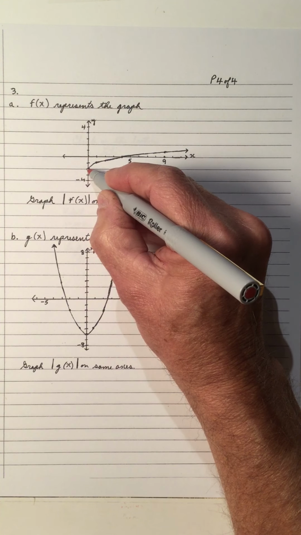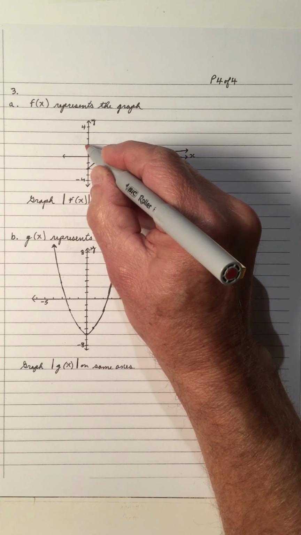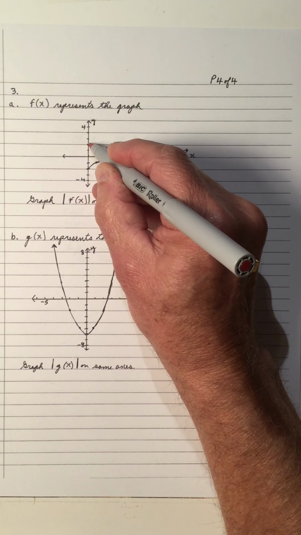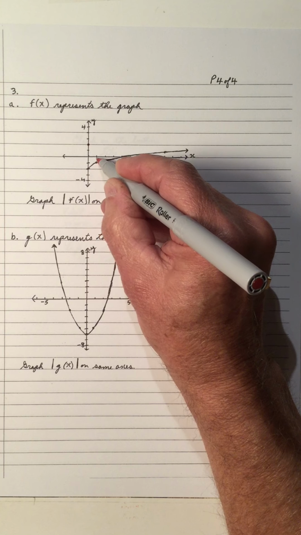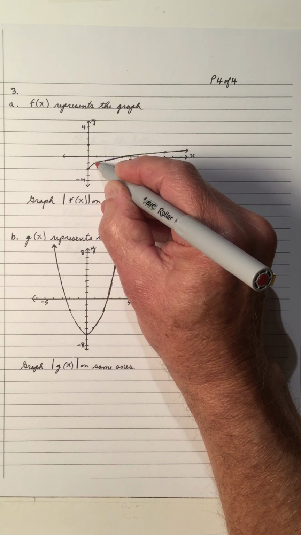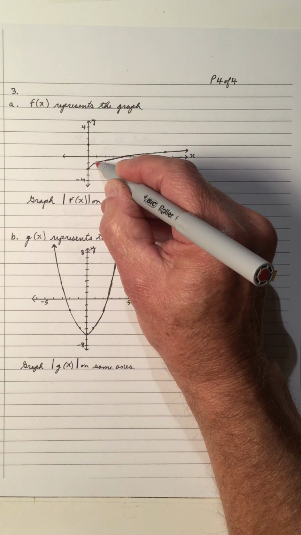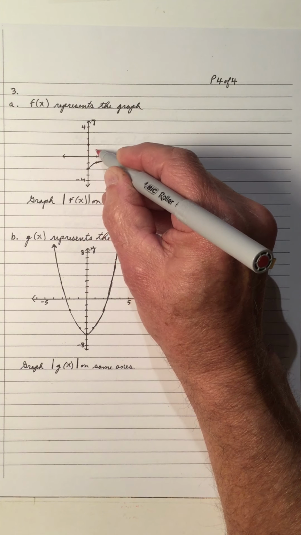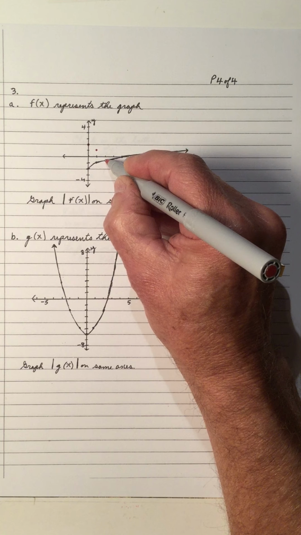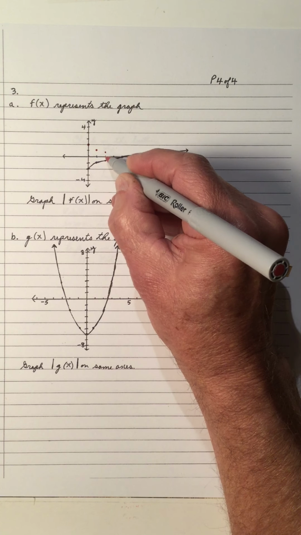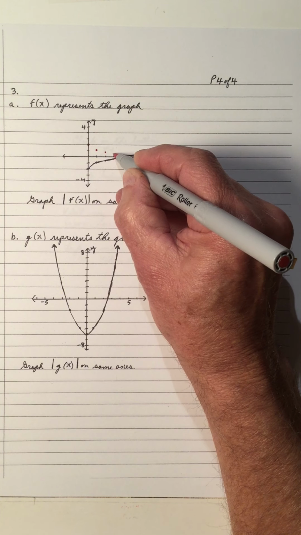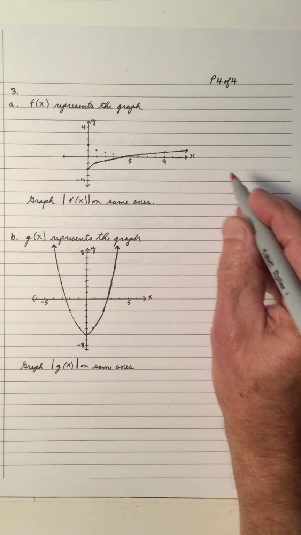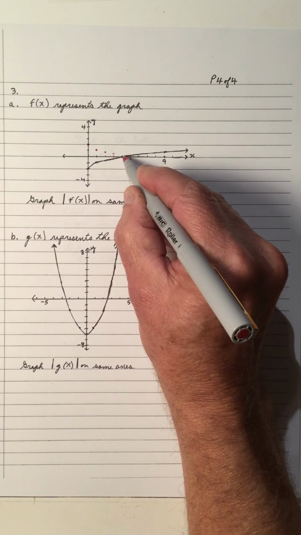So instead of that being a negative 2 when x is 0, it has to be a positive 2. Instead of when x is 1, y is negative 1, we can't have a negative 1. We convert absolute value, you got to make it 1. And this one right here, there it is there. This one right here, there it is. So this part here is all right.